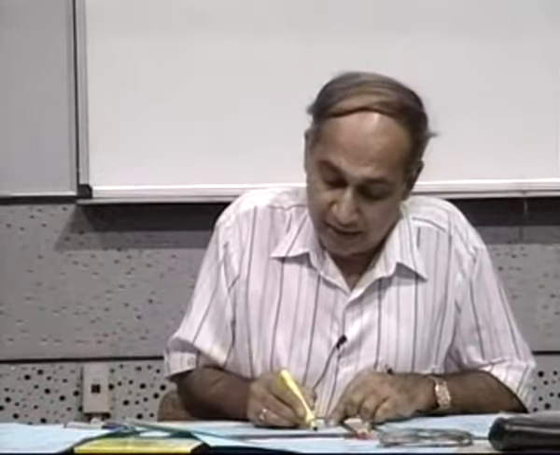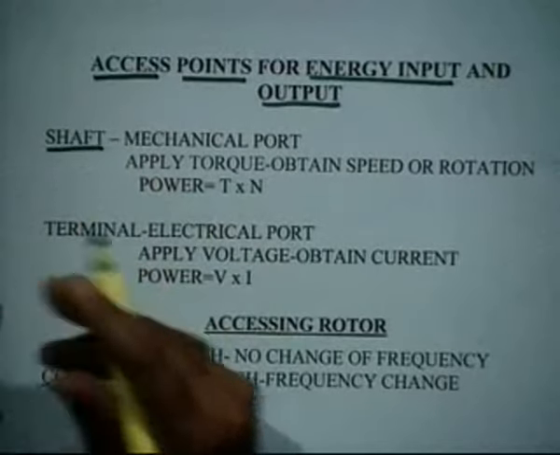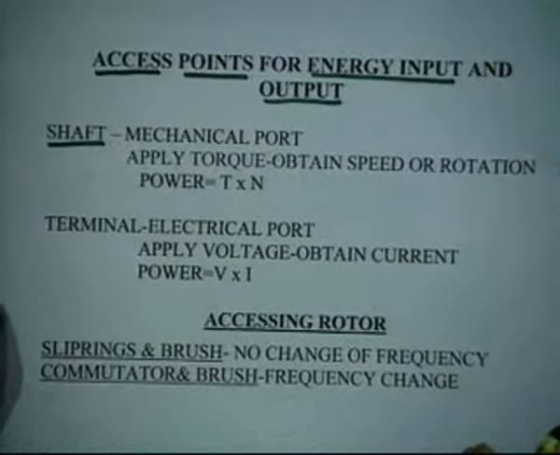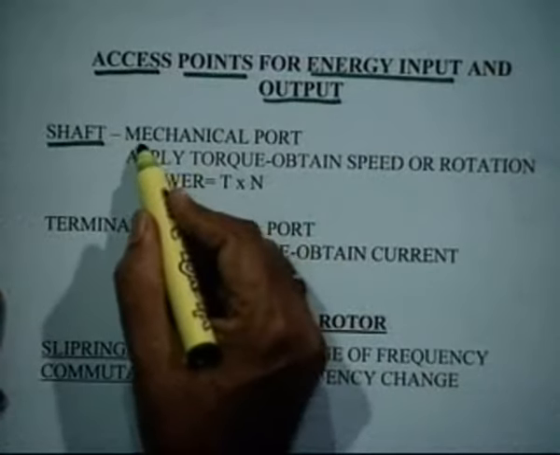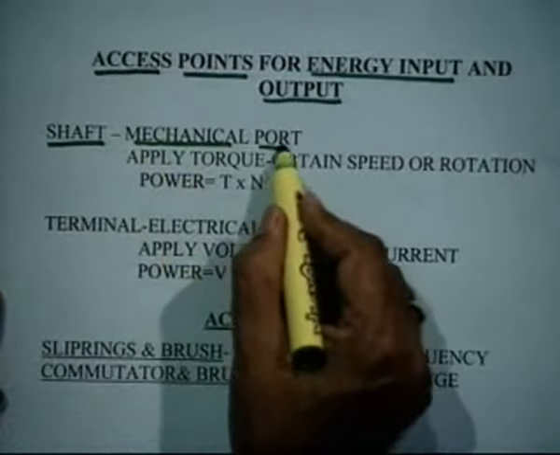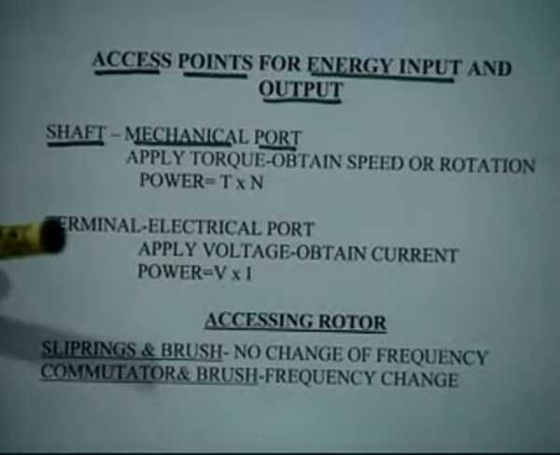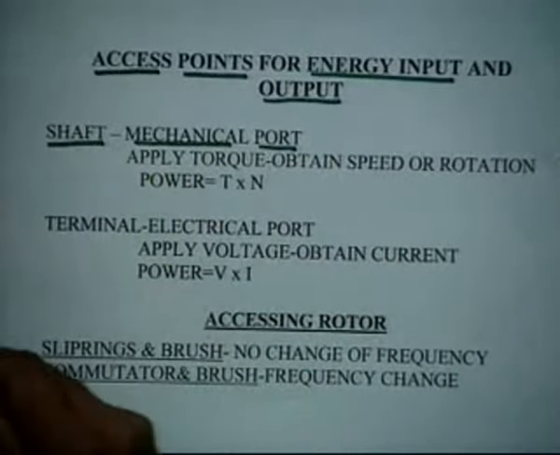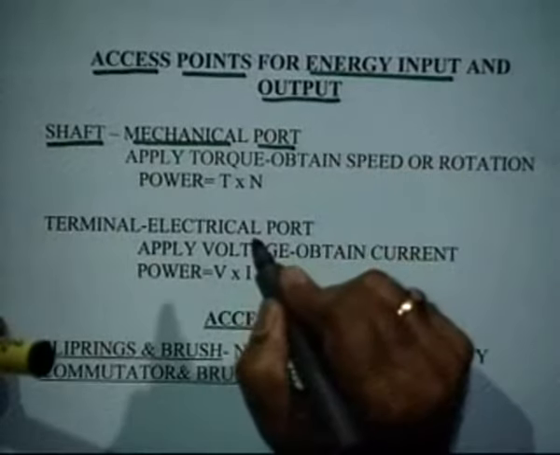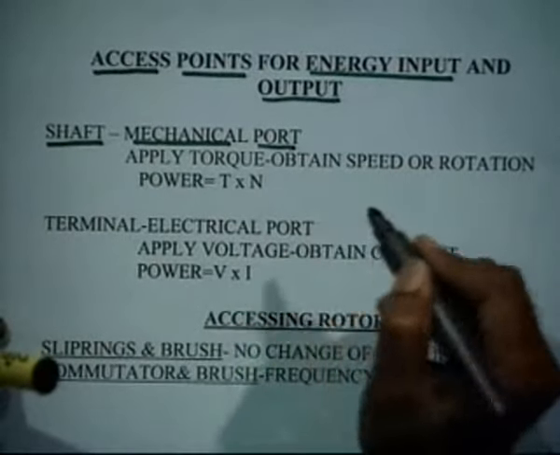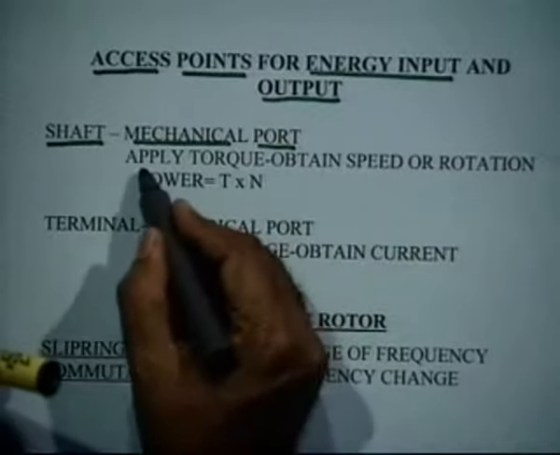Now, one access point is the shaft, right? The shaft is also called a mechanical port. We can call the shaft a mechanical port from where you take out mechanical energy or input mechanical energy. So what do you apply?